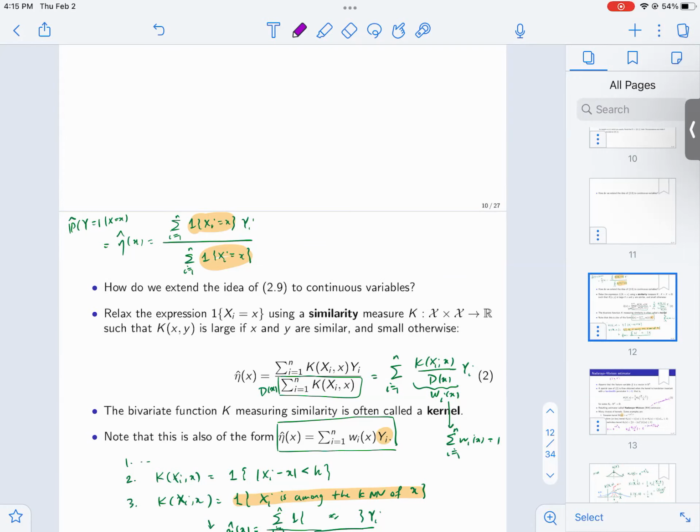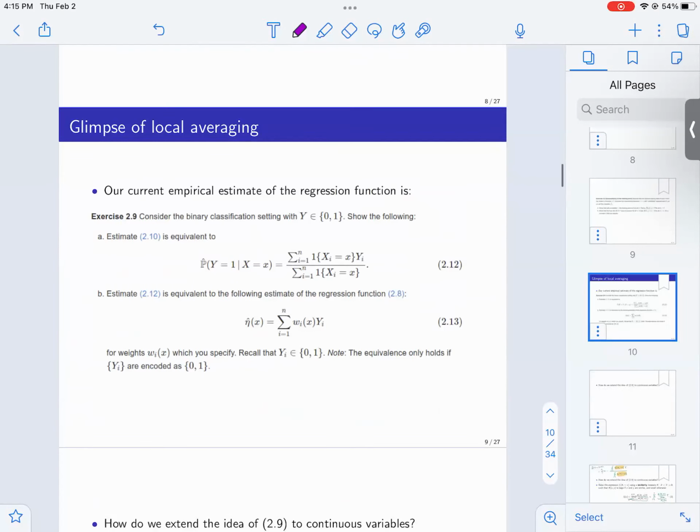You can think of where this came from. This is actually a good estimate of the regression function. It works for a discrete x and y being real valued. So if y was real valued but x was discrete, this is going to be an estimate of eta. Think about this yourself.